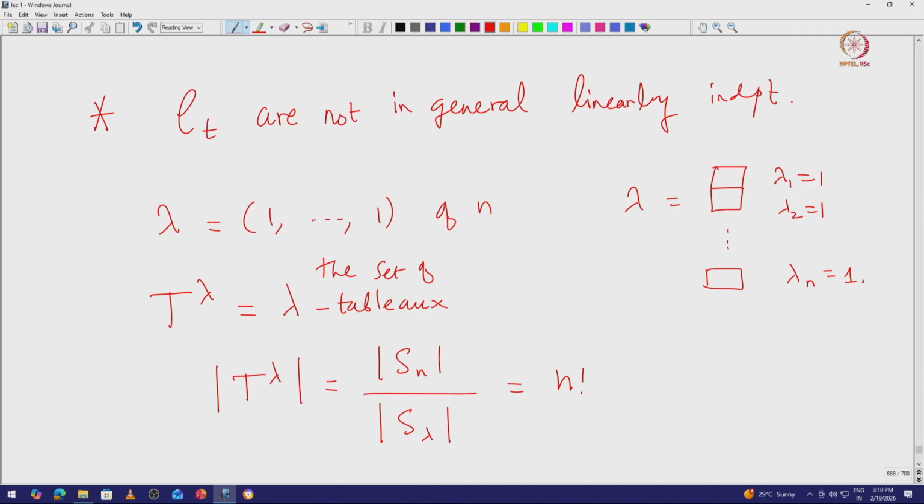So, now what is going to be the tabloid associated with this? T has only one column. Because T has only one column, you can easily see that the column stabilizer of this column is just all possible permutations of 1 to n, which is exactly the symmetric group. So, now what is E t?